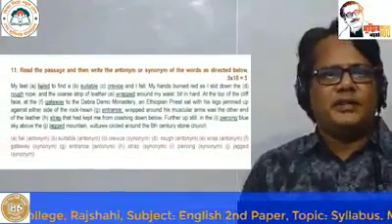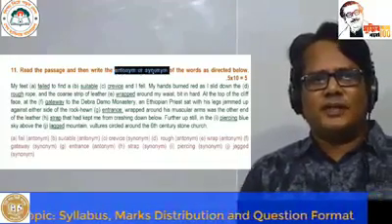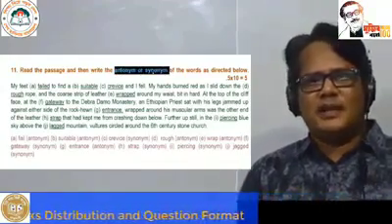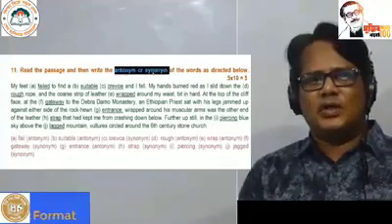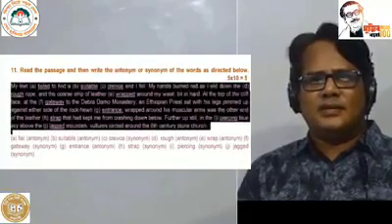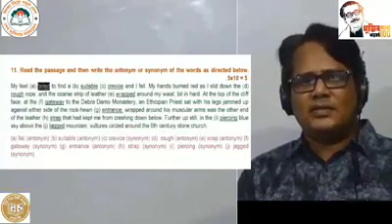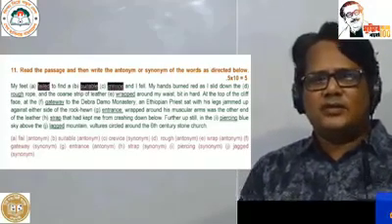Then question number 11, and it is a task about antonym or synonym. There will be a passage, and of them some words will be underlined, and the underlined words will be instructed, and the instruction will be antonym or synonym.